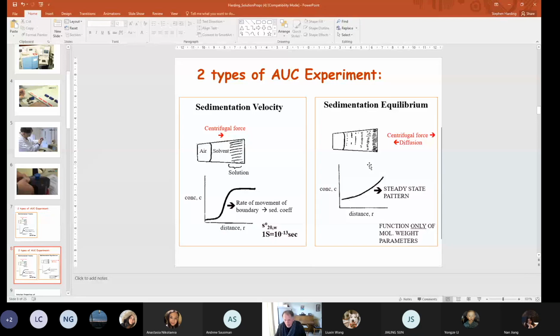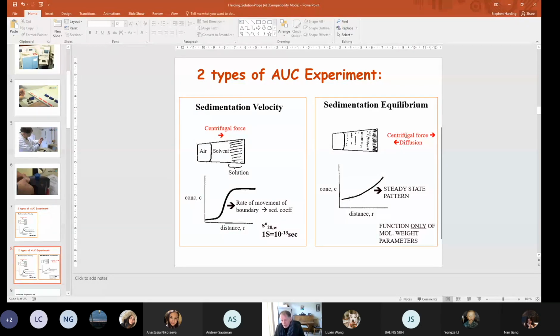At these lower centrifugal fields, the sedimentation forces are trying to sediment everything to the bottom of the cell, but there's something else which doesn't like that. It wants everything to be pushed back again. This force backwards is called diffusion. So centrifugal force is this way, and diffusion tries to push everything back.